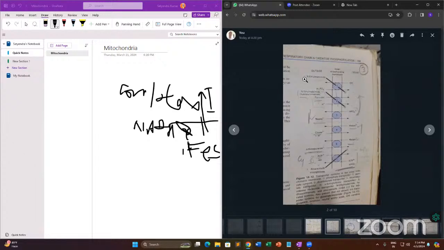This is the respiratory chain of mitochondria. The mitochondrial membrane has transport systems, because the inner membrane and matrix of the mitochondria always maintain an electrical gradient, that is, a charge.